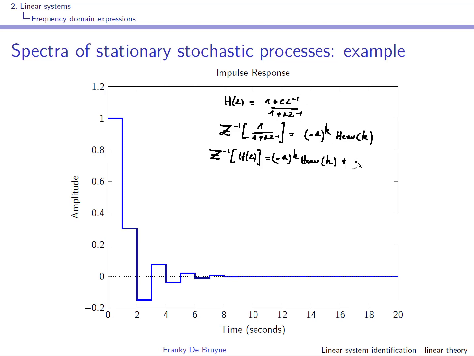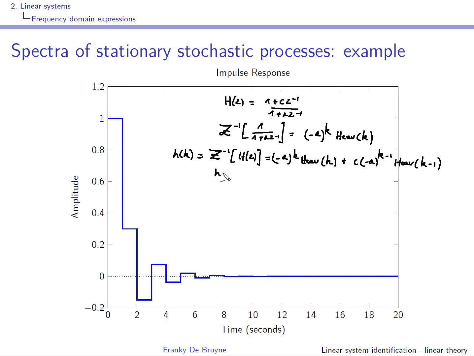So we'll have plus c (-a)^(k-1), and we have to take the Heaviside function in k-1. This is really h(k).